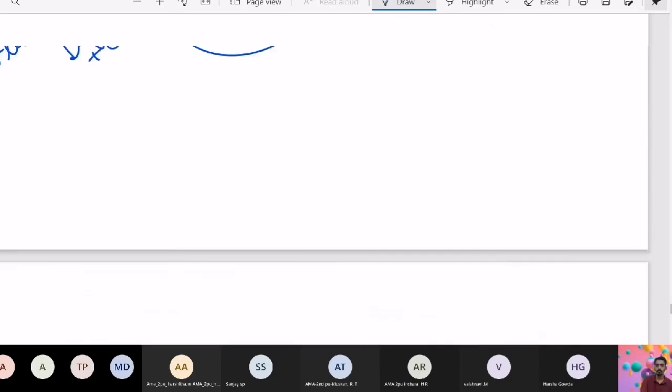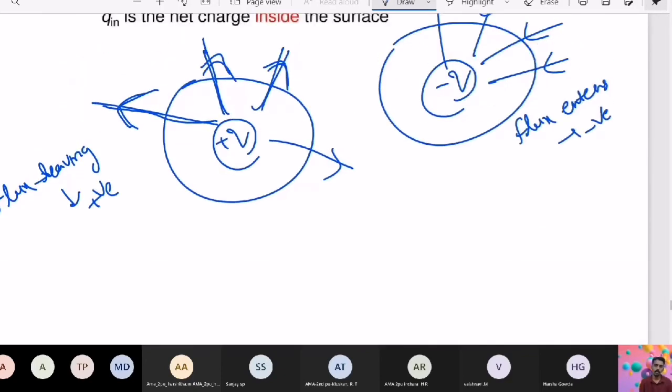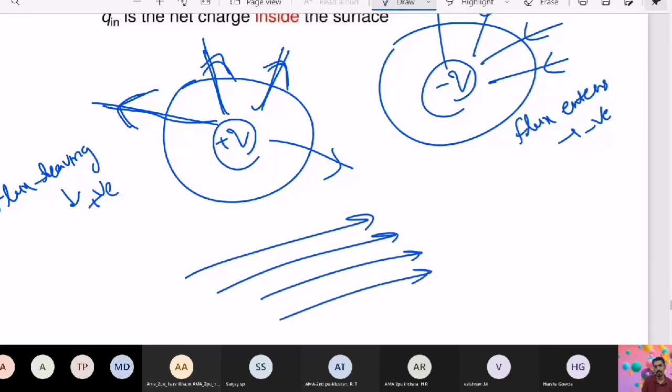Now, what is flux? What is a field line? What is Gauss law? In a simple way, consider a region where some field lines are there. That means there are some charges producing a field at every point, and we imagine it in the form of imaginary lines.